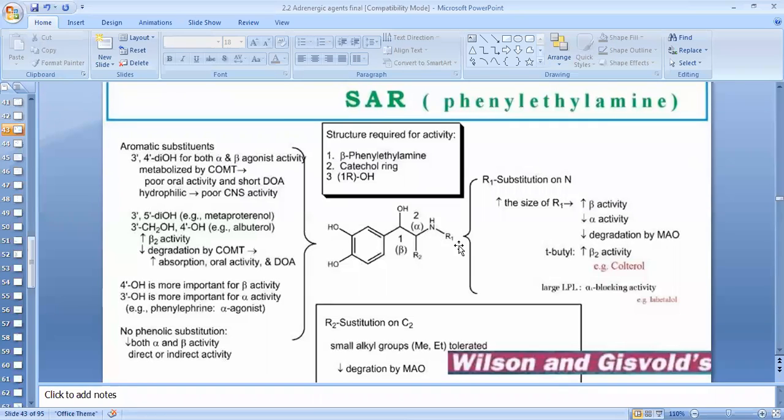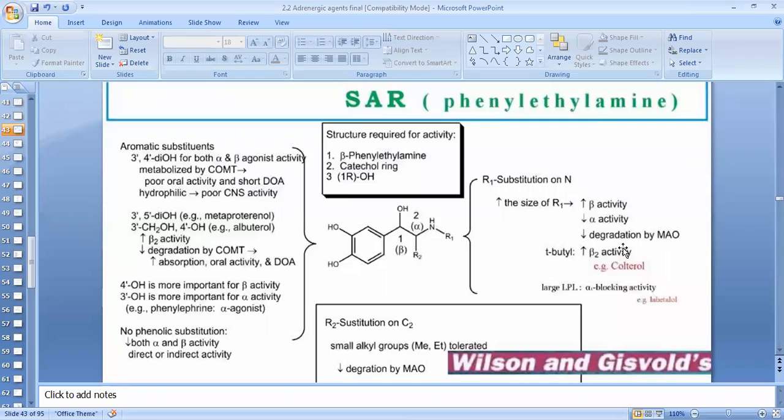But if we substitute this R1 group with a tertiary butyl group, a very big group with three methyl groups substituted, then it will increase the beta 2 activity.